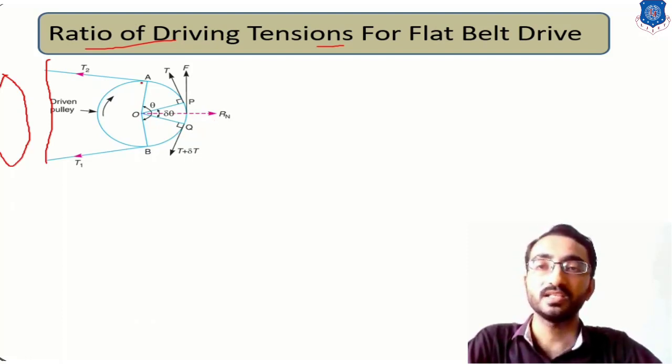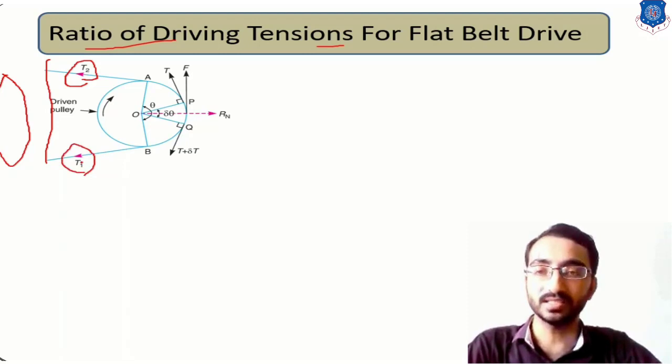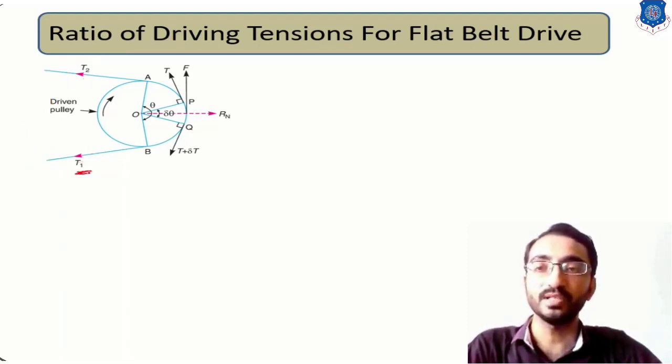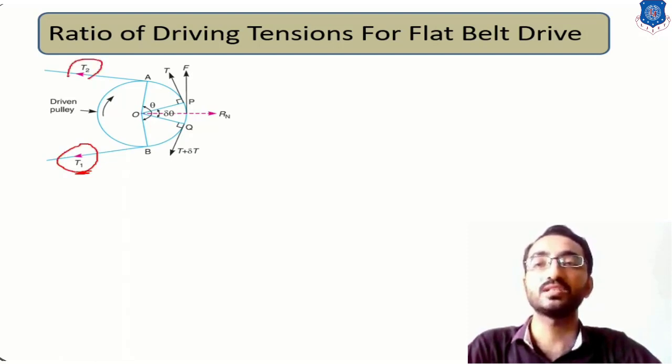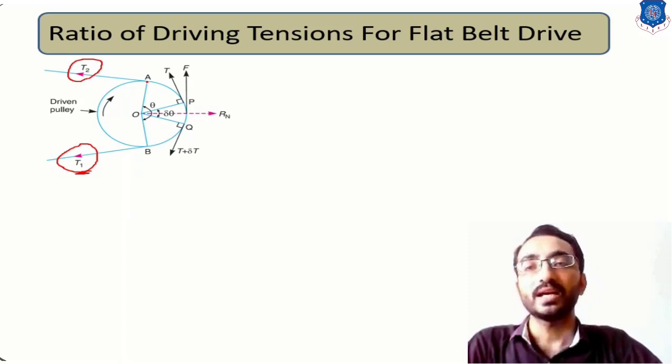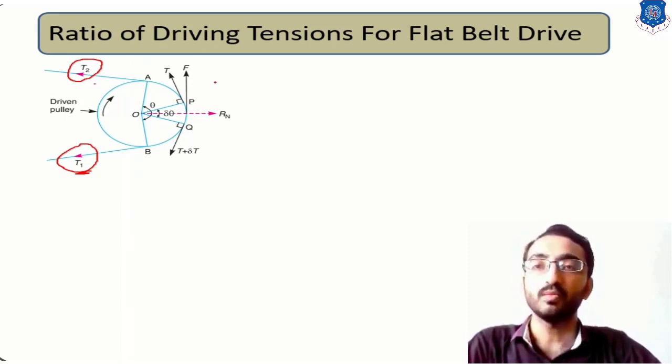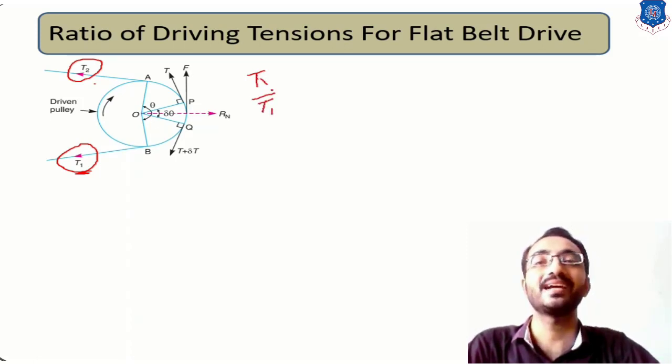This driven pulley is connected with the belt with two different tensions, T1 and T2. The bottom side with T1 tension is the tight side, and T2 is the slack side. Now we have to calculate the ratio of T1 and T2, the tension on the tight side to the tension on the slack side, that we can achieve.